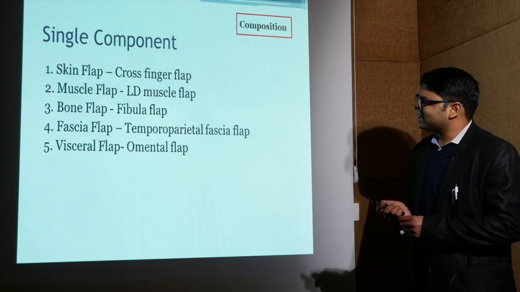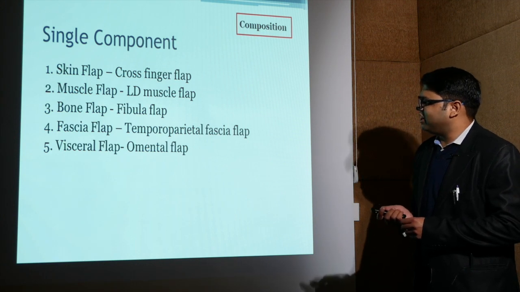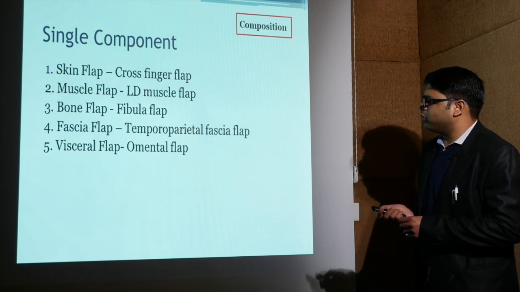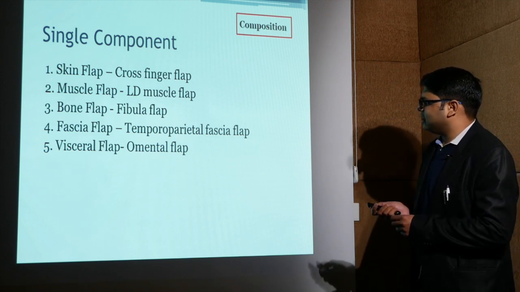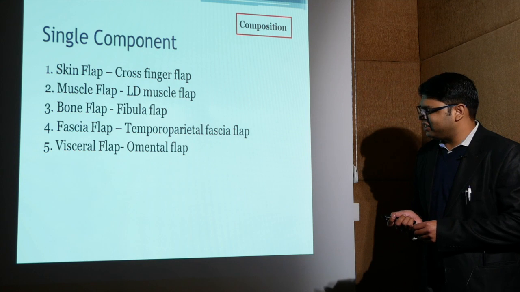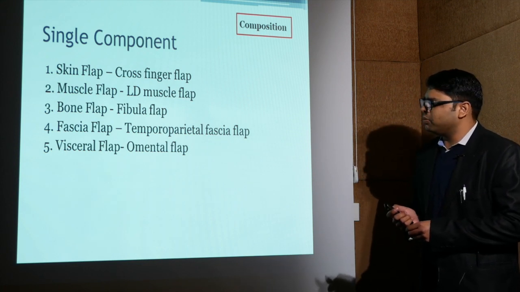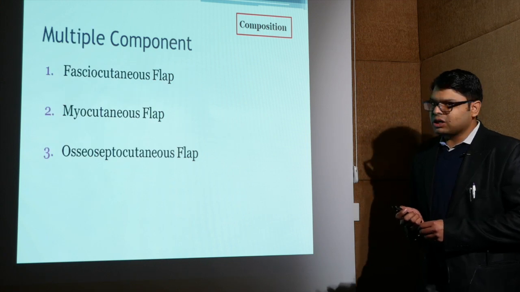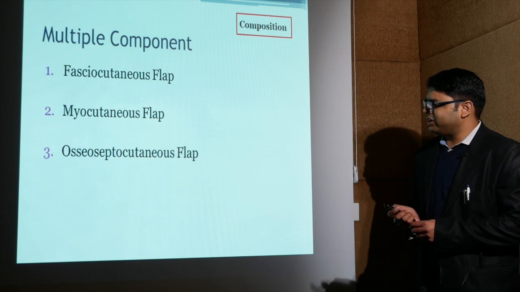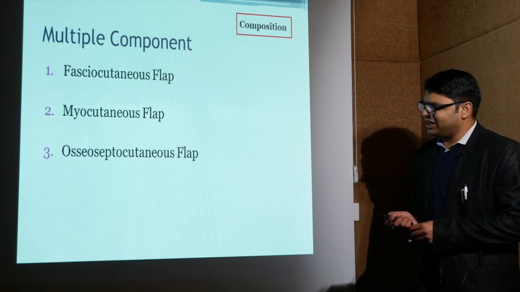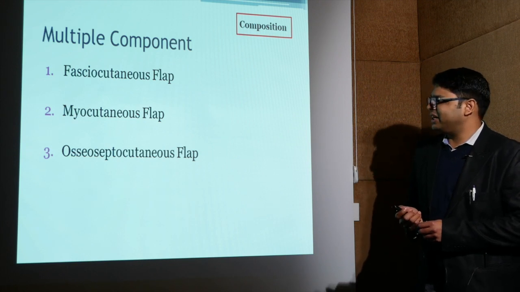It includes the skin flap, for example the cross finger flap, the muscle flap, for example the LD flap, the bone flap, the flap containing only the fascia, such as the temporoparietal fascia flap, and the visceral flap. The example for the visceral flap is the omentum flap. Now coming to the multiple component, which includes the fasciocutaneous flap, myocutaneous, or osteoseptocutaneous. In the multiple component, more than one component is included.